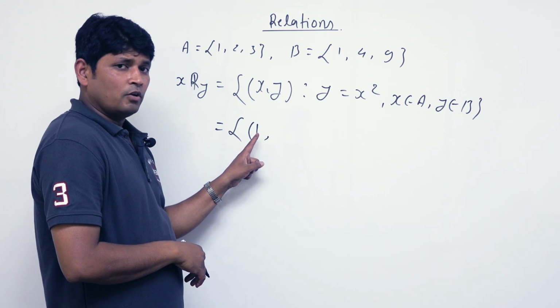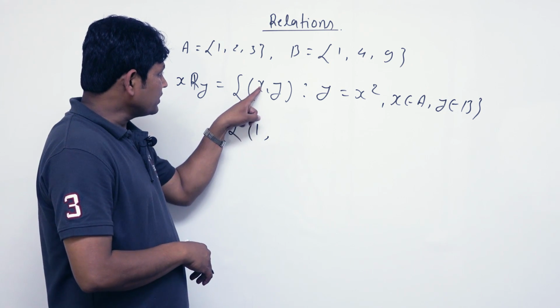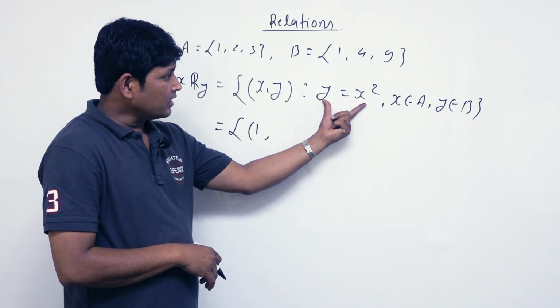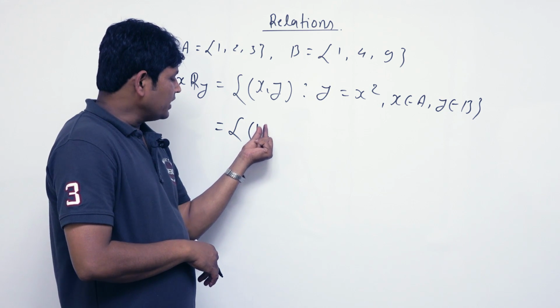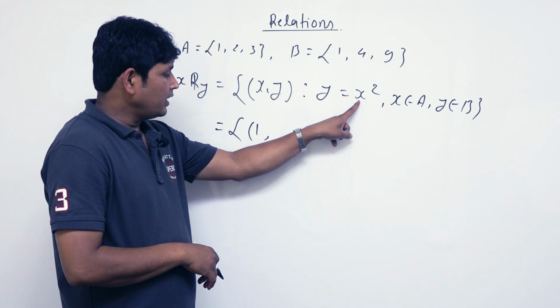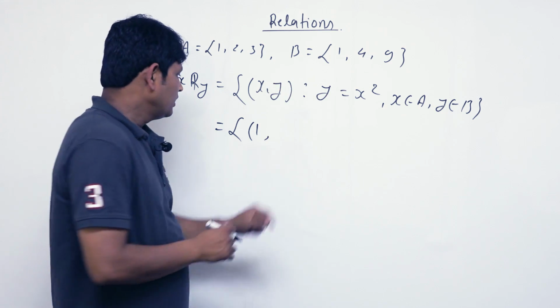Put 1 in place of X. What is the square of 1? It is 1. So Y will be 1.